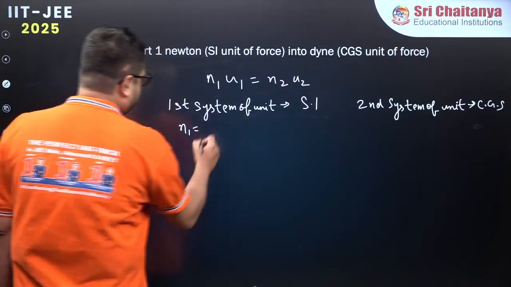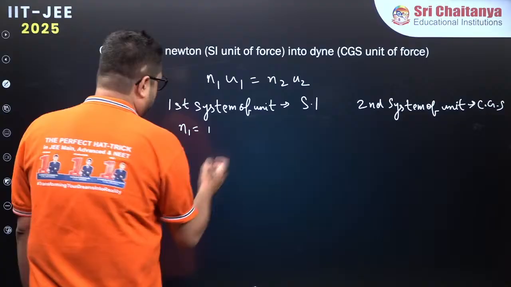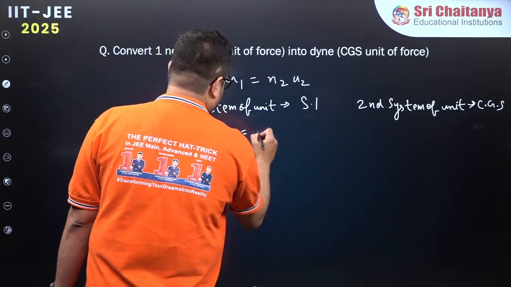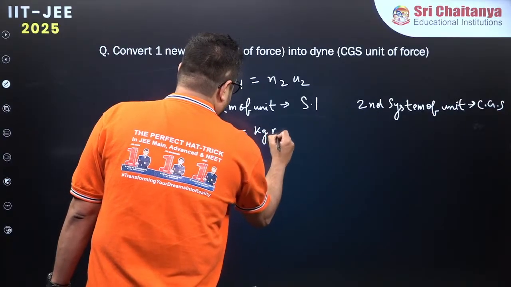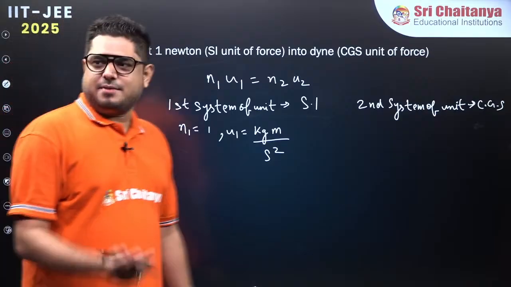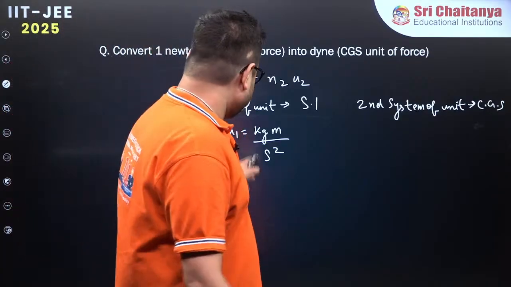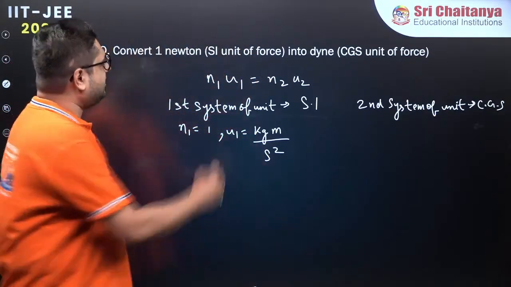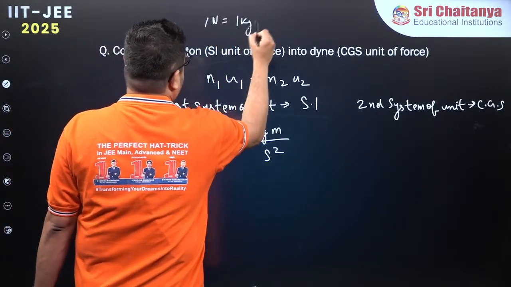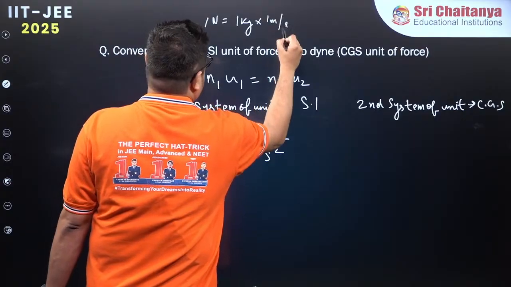So N1 is 1, isn't it? And what about U1? U1 is going to be Newton. You know that 1 Newton is equal to 1 kg into 1 meter per second square. कैसे आ रहा है?